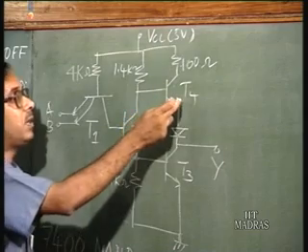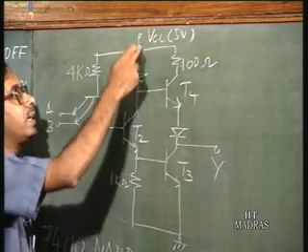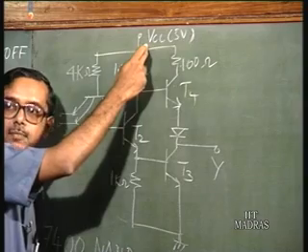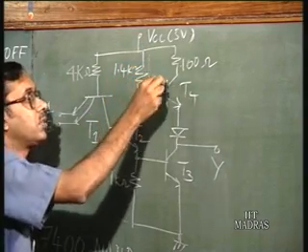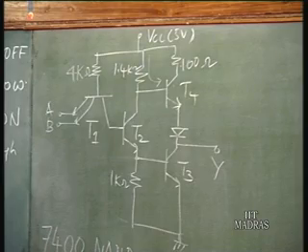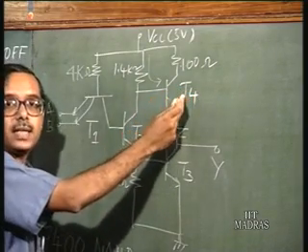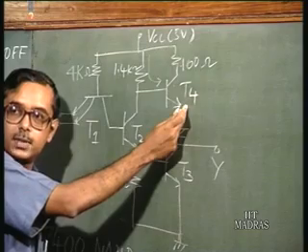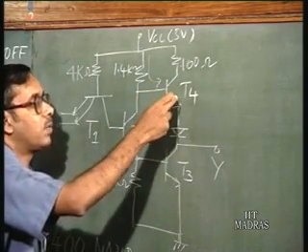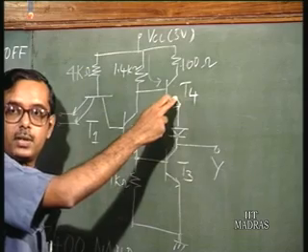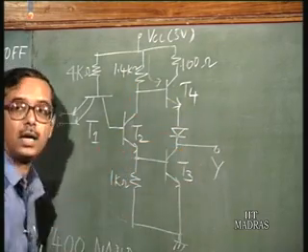What about T4? It is on because its base is connected via resistance to the power supply, so it is going to get sufficient base current. Base current is going to flow into T4, and this transistor T4 turns on. When it turns on, it provides a low resistance connection to the output.